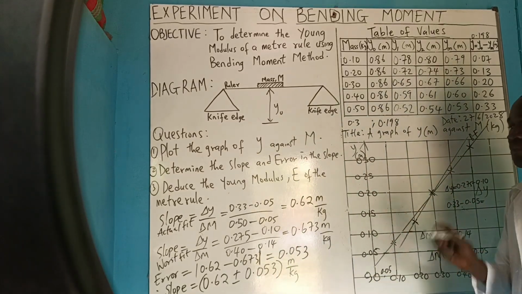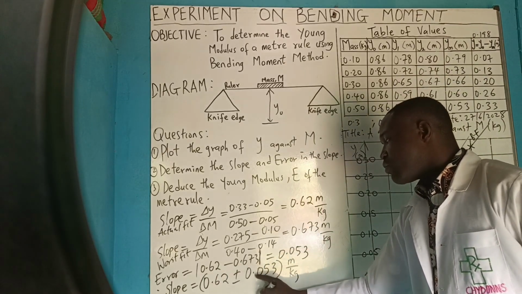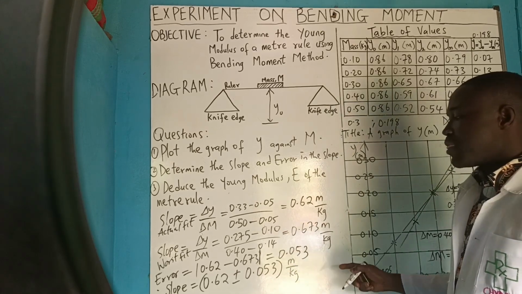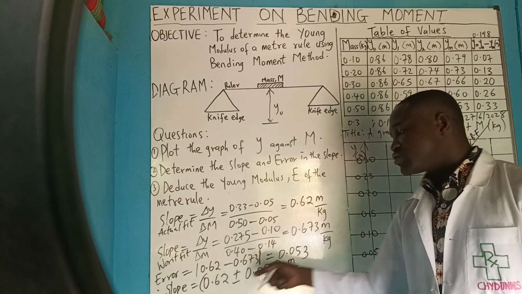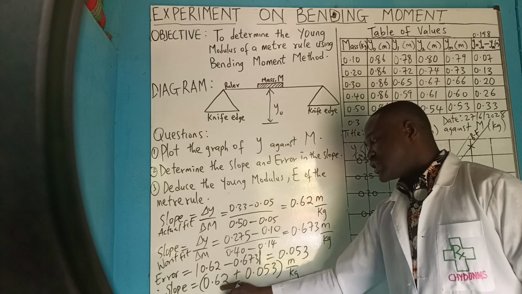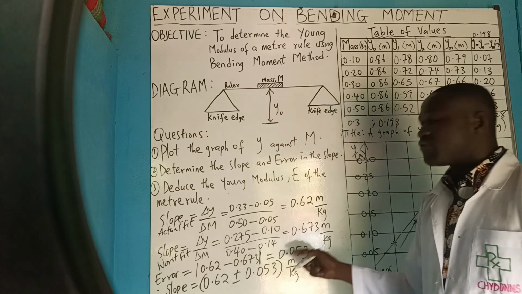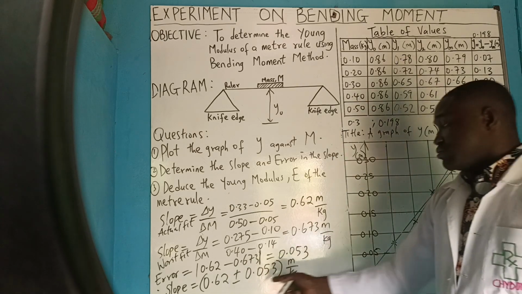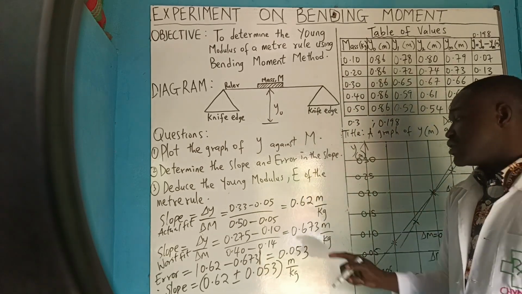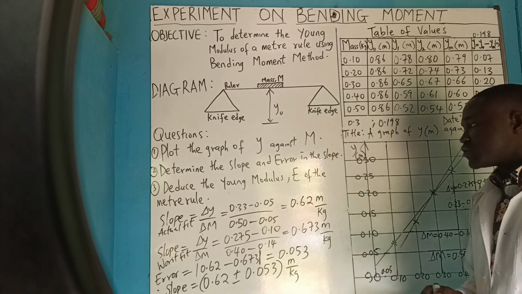So if you want to package your slope well, it says slope equals the actual slope plus or minus 0.053 meter per watt kilogram. That means your slope falls in this range. Either it is 0.62, or 0.62 plus 0.053, or 0.62 minus 0.053. But if you have it like this, whatever is the marking scheme, it will fall in that range of values that will be given to them.